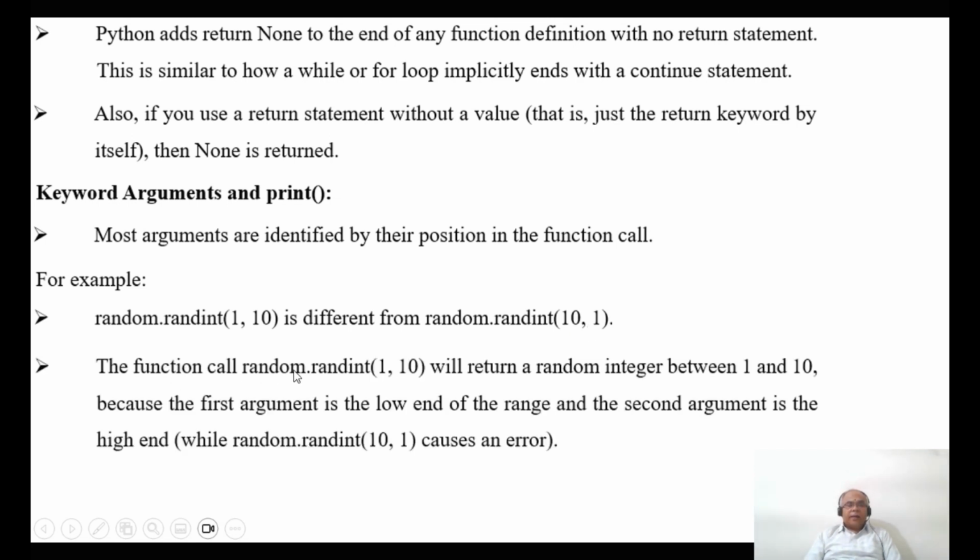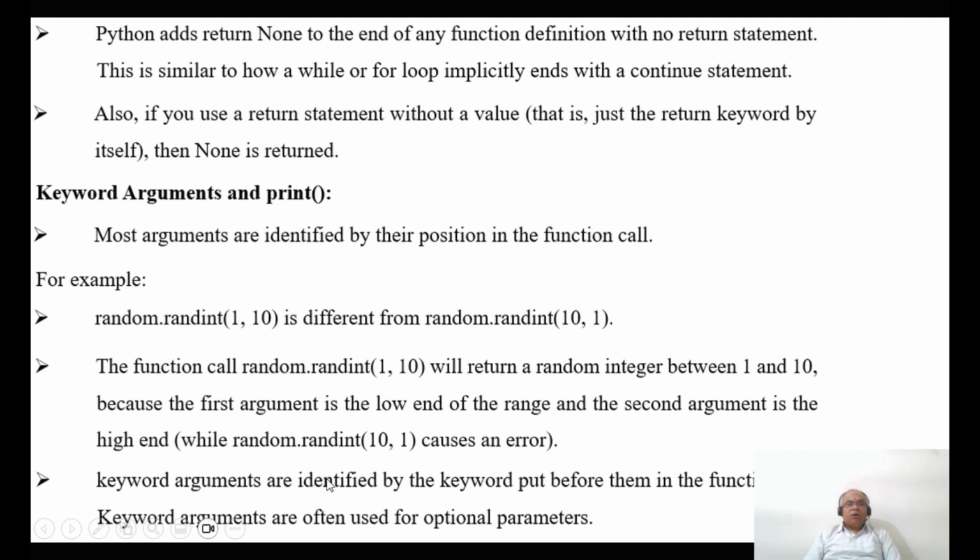The function call random.randint(1, 10) will return a random integer between 1 and 10, because the first argument is the low end of the range and the second argument is the high end of the range, while random.randint(10, 1) causes an error.